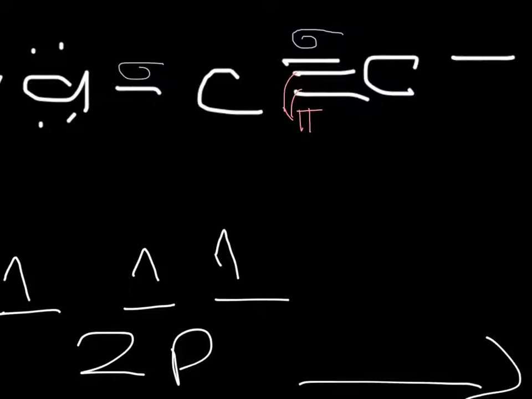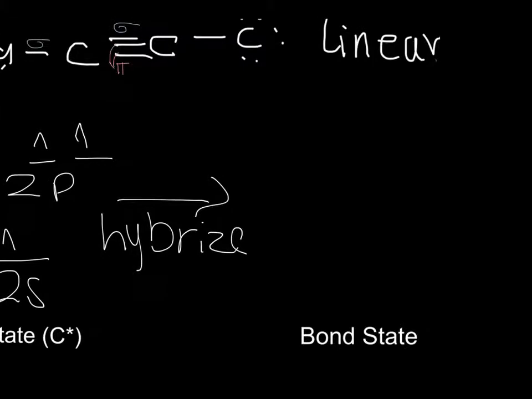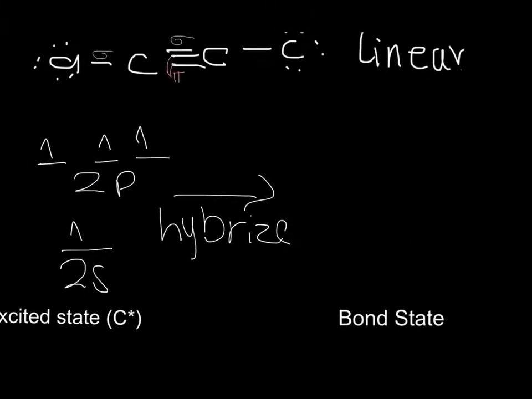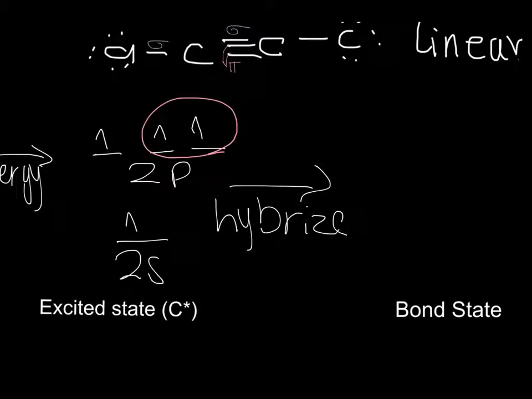Now, we also know that only sigma bonds are involved in hybridization, and pi bonds are formed with, in this case, our 2p level, which means that we're going to have to leave 2 of those as 2p, and we're going to have to hybridize only these 2 right there.